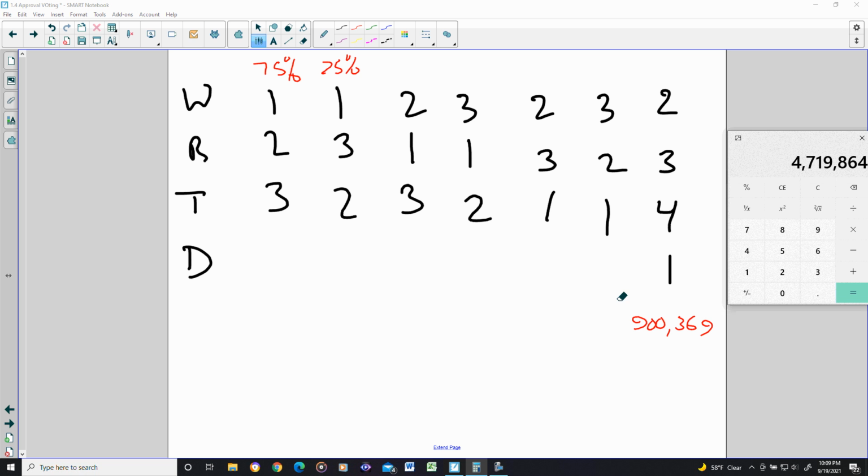And that's going to get us 4,719,864. Okay, so it represents the total number of voters that would rank Wilson first, Roosevelt second, and Taft third, simply because we knew that of all the Wilson supporters, 75% of them preferred Roosevelt as their second place.